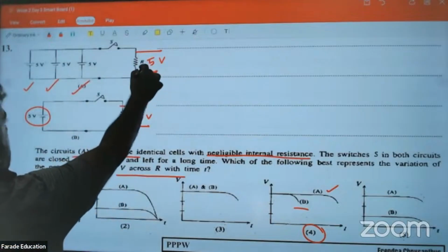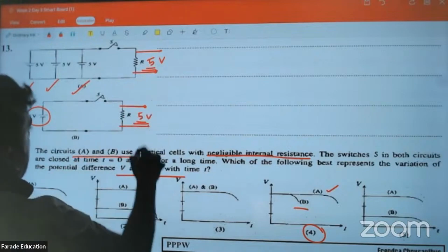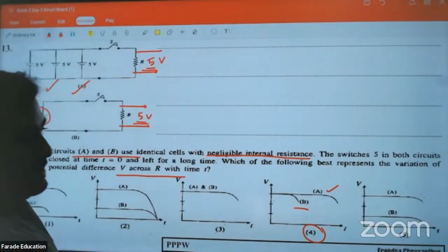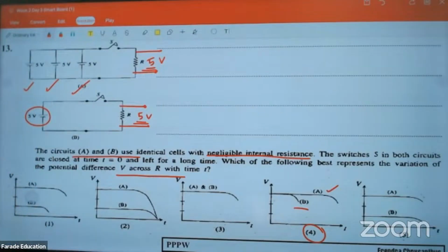The voltage across the resistor will be 5 volts in both the circuits.